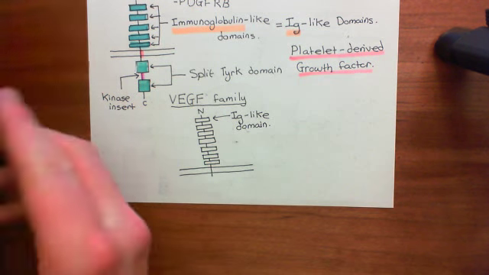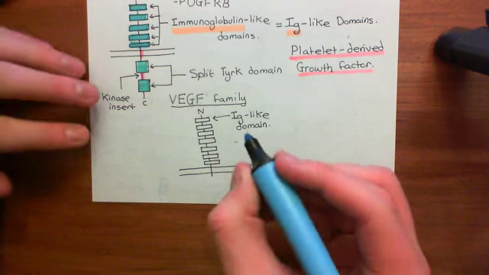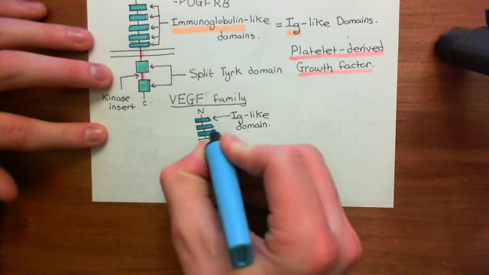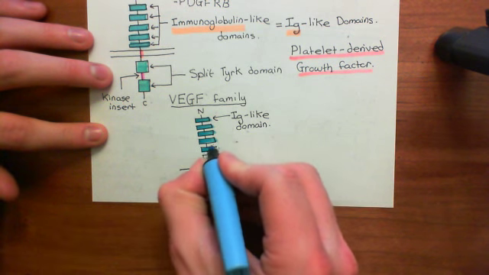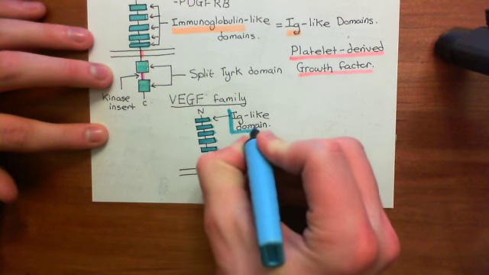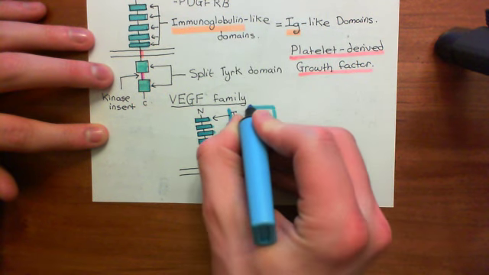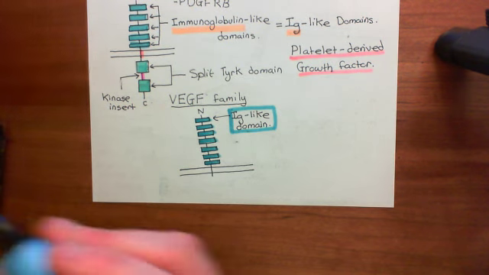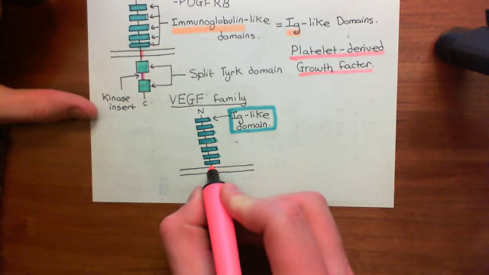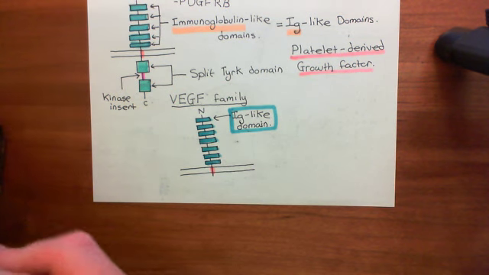Once again, I'll colour all of these 7 immunoglobulin domains in blue. 1, 2, 3, 4, 5, 6, 7. So these are all immunoglobulin-like domains in blue here. Then we have a membrane-spanning alpha helix here that straddles the membrane. We'll have that in red.